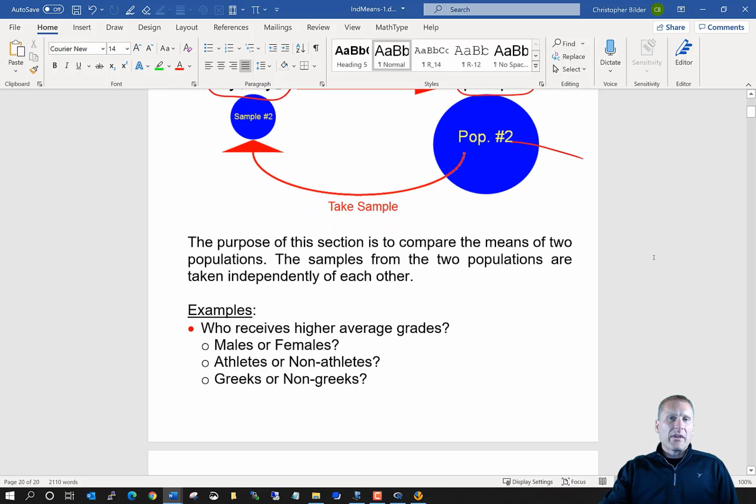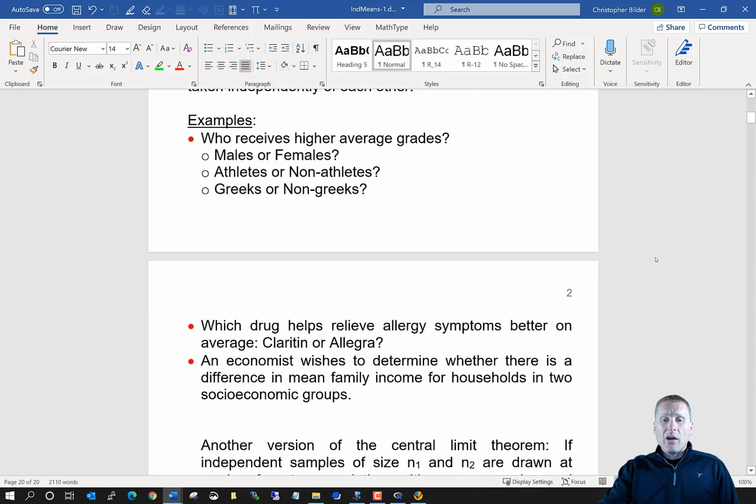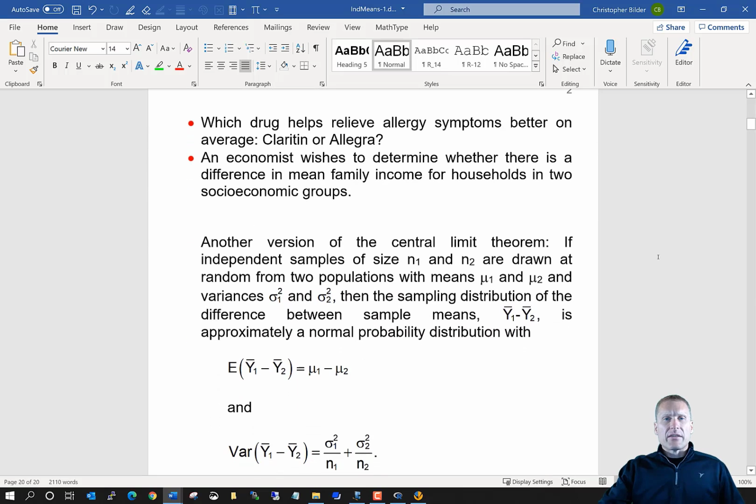Now, where would something like this be of interest to compare two population means? Well, there are lots and lots of examples. Simply, if we think in terms of a university environment, who receives higher grades on average? Let's say athletes or non-athletes. But in the pharmaceutical industry, in terms of, let's say, comparing two pharmaceutical products, or in the development of a new pharmaceutical product, very often you're comparing the mean response for one to another.